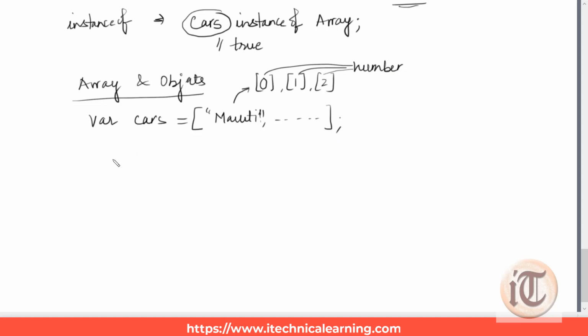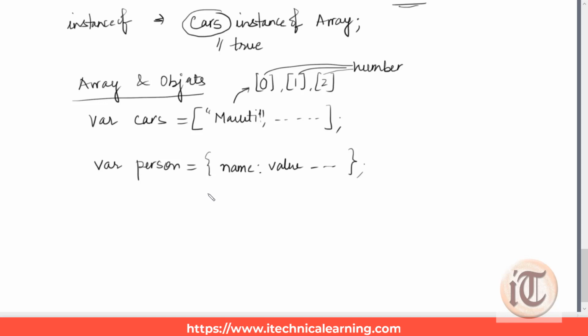But if we talk about objects, then recall the example that we discussed in the last lecture, that is person, and that person contains certain properties, that is property name and its value, and so on.